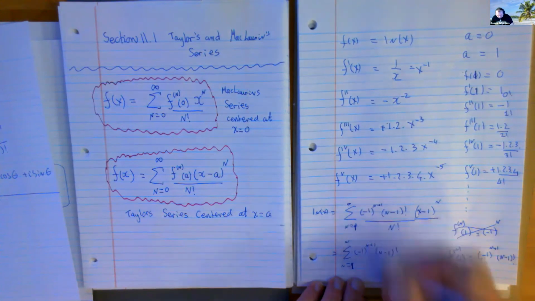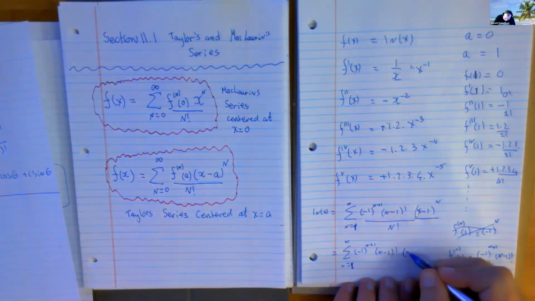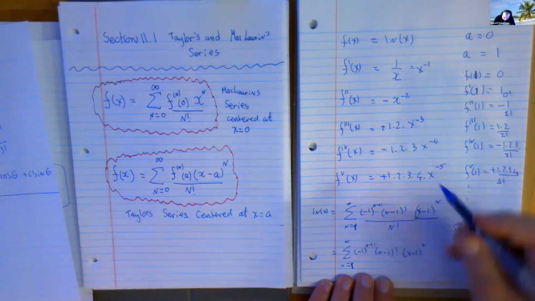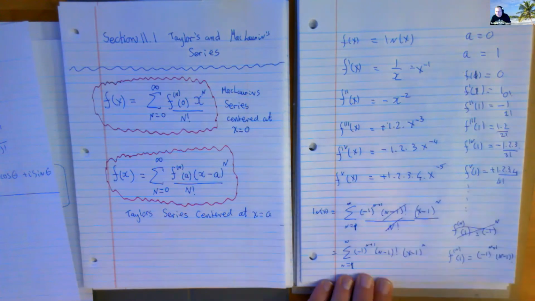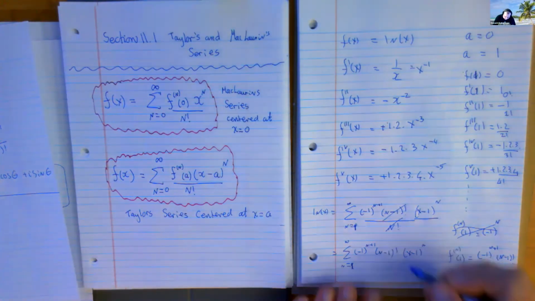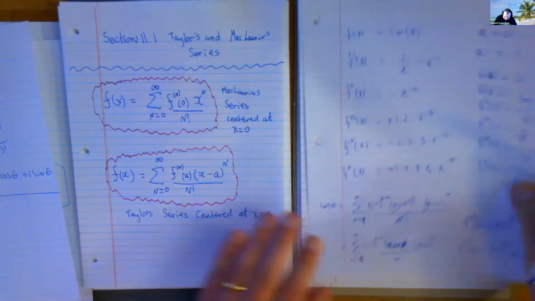Remember we had to ignore the first guy, so I'm starting at 1. Can you cancel these two guys? And if you do, isn't there an n left over in the bottom? So that guy doesn't need to be there. It's over n. So let me rewrite that guy nicely.